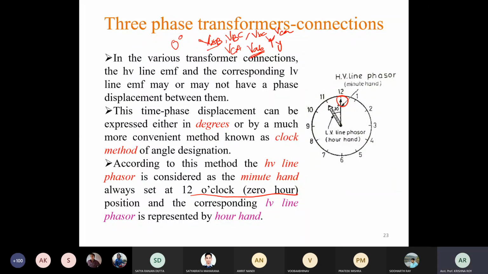Suppose in this diagram it is showing 11. We have to assume that phasors are rotating in the anti-clockwise direction.